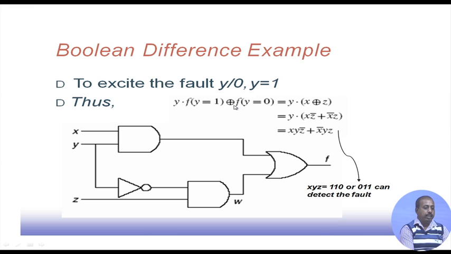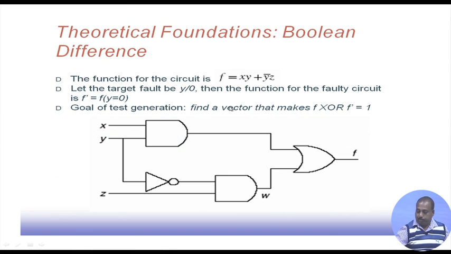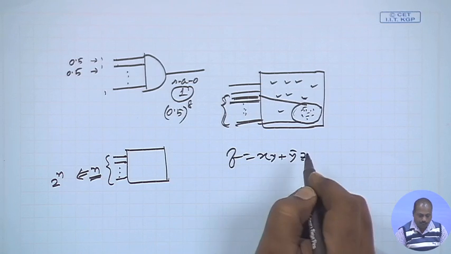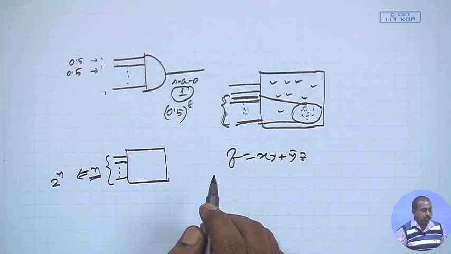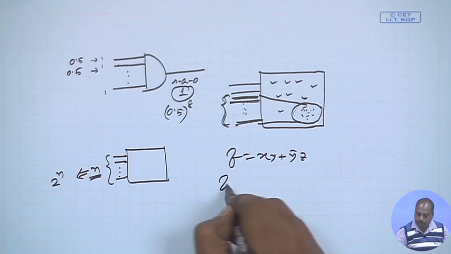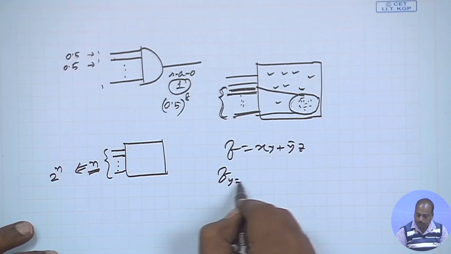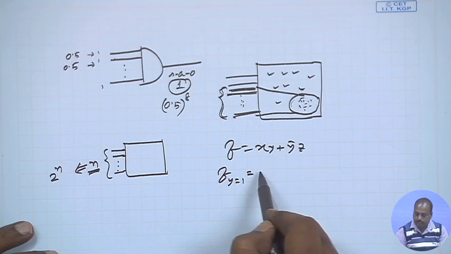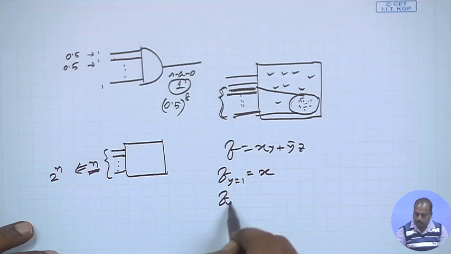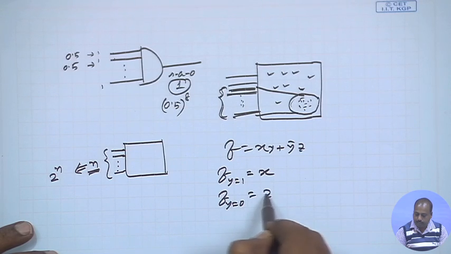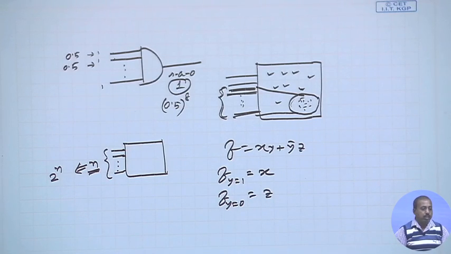Now, the function f we had is x y plus y bar z. If we take these two cases, f with y equal to 1 is the function x, and f with y equal to 0 is the function z. These two are XORed.